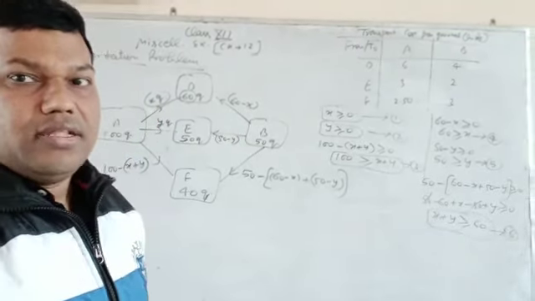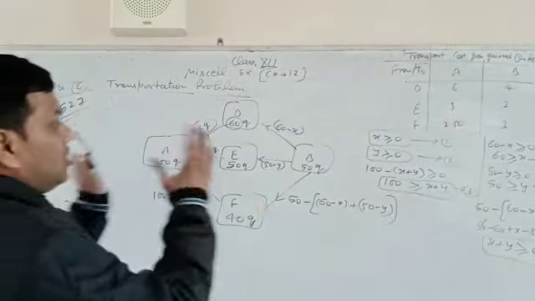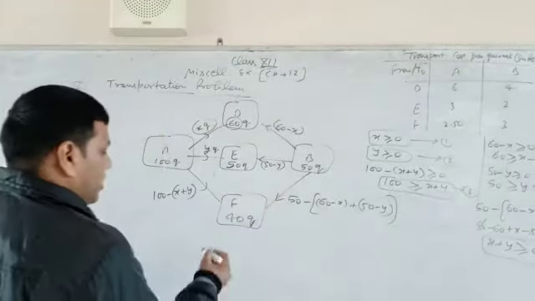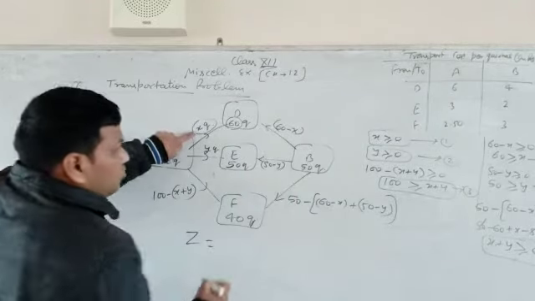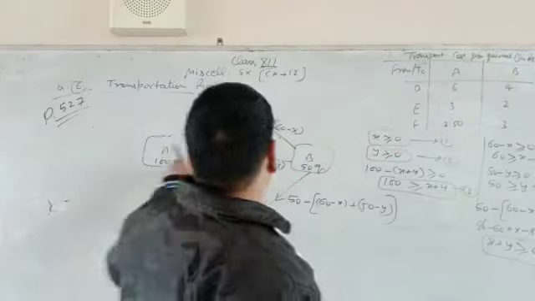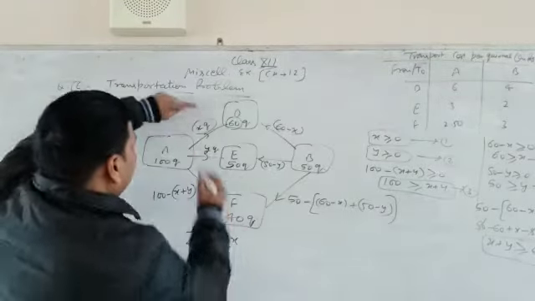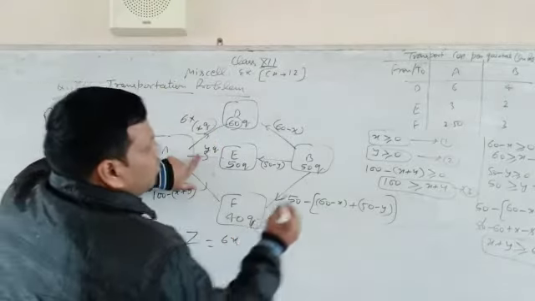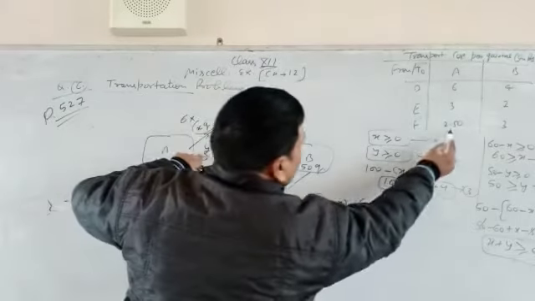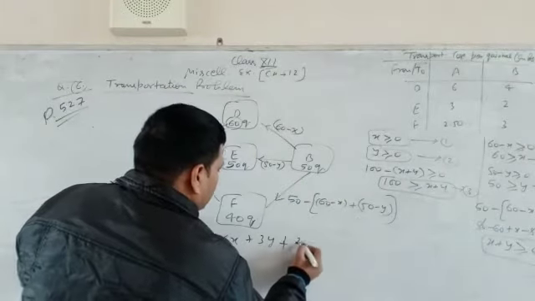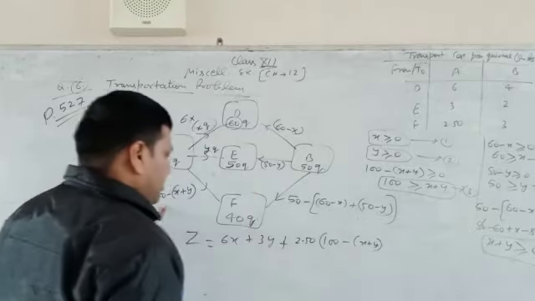What is that? The total cost of sending these grains in quintals. You have been given that from A to B it is 6 rupees per quintal, meaning 6x, you multiply by 6, right? Also this is 3y, and this one is 2.50, meaning 2.50 into (100 minus x minus y).